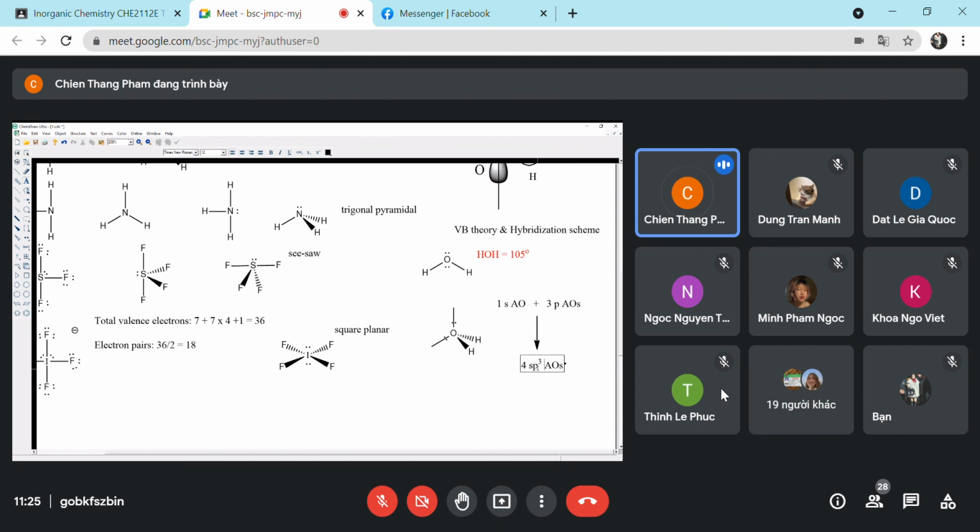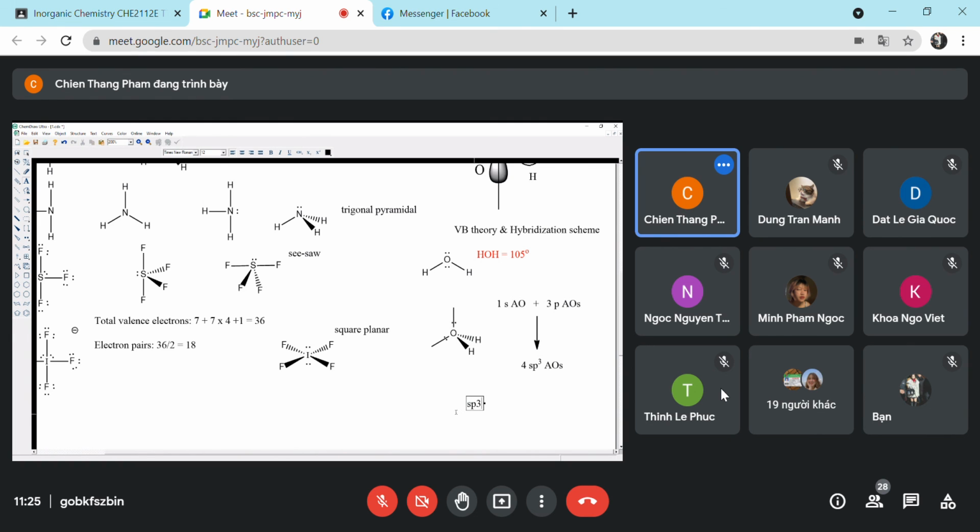As I remember from last year, it was very funny. In the examination, I asked what is the hybridization scheme of these oxygen atoms. I know that they use handies to check the information from the internet, and they find the answer is sp3.